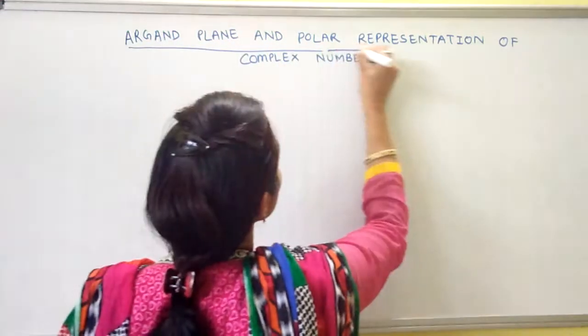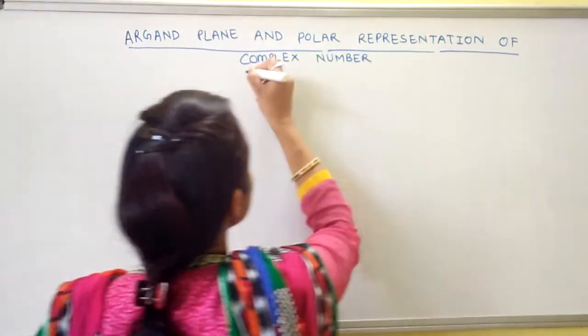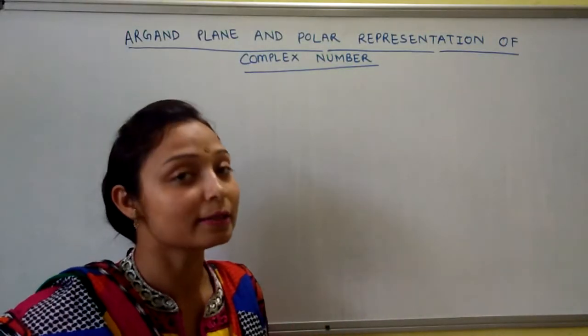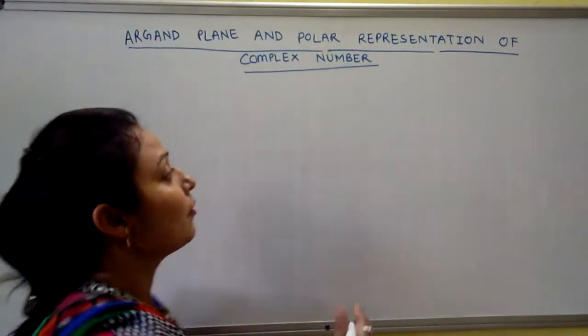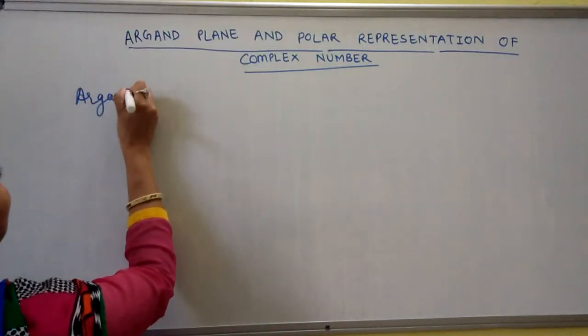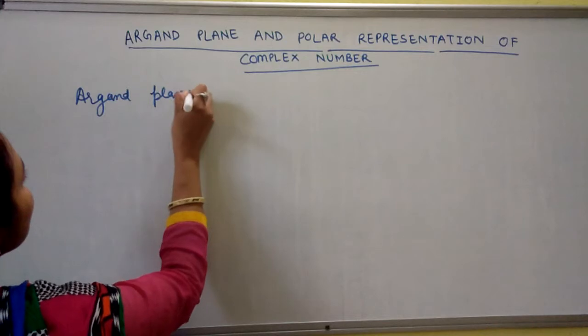First of all, we have to do the Argand plane. How is the number represented on the Argand plane, and what is the Argand plane? First of all, I will tell you the definition of Argand plane. What is Argand plane?